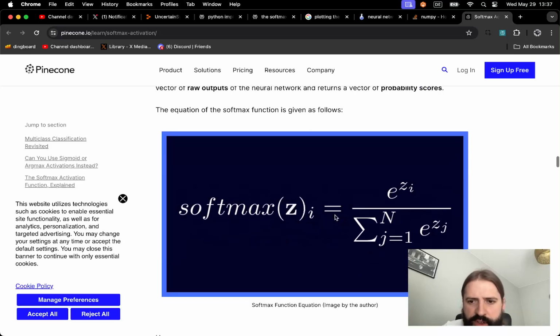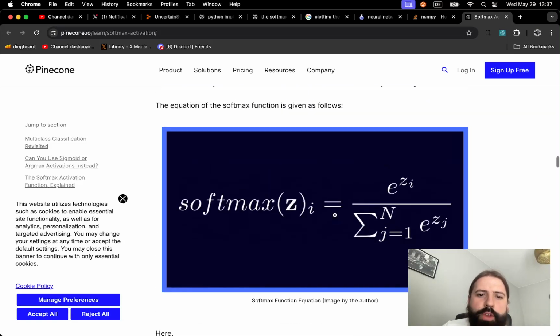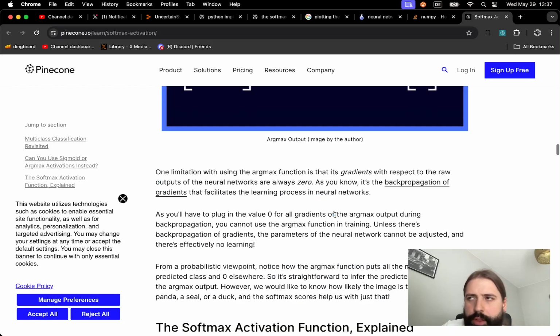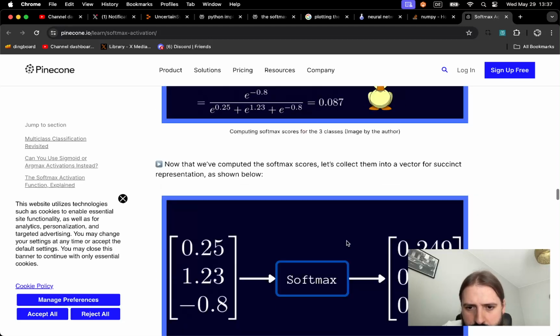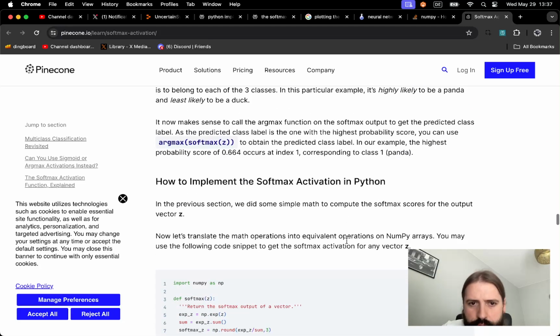Softmax activation function explained. Oh, so softmax is not the sigmoid. I always thought softmax was the sigmoid. No, this is exp. Softmax.